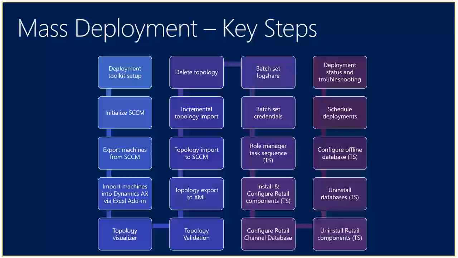Another task sequence we have is around uninstallation. We have another task sequence around configuring of the offline database, or the provisioning of the offline database functionality. We also have a specific task sequence for actually uninstalling databases. So your standard uninstallation of components is not going to uninstall databases unless you specifically wanted to do so for a certain set or subset of databases.